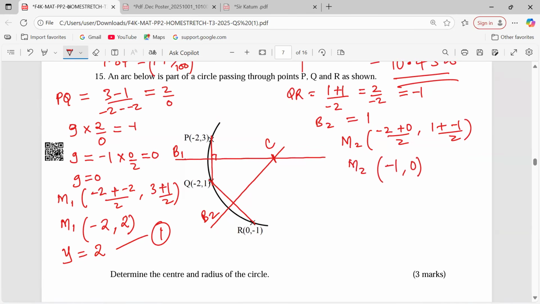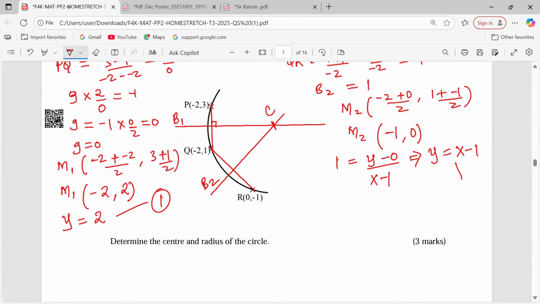So this is where the line passes. Can we get its equation? y equals change in y over change in x, so y equals x minus 1. This is now the second line. We have line 1 and line 2 here.